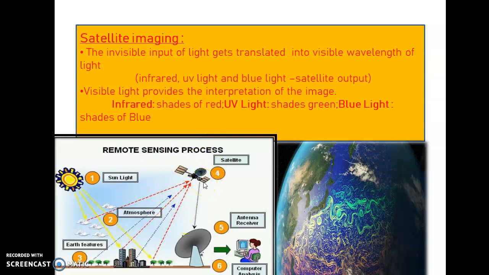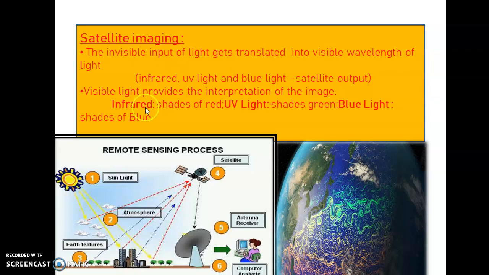So the purpose of the satellite is to convert all these invisible rays of light into visible wavelengths of light, and this satellite output is what we are seeing here. It will be a combination of three rays: infrared rays, UV light, and blue light.